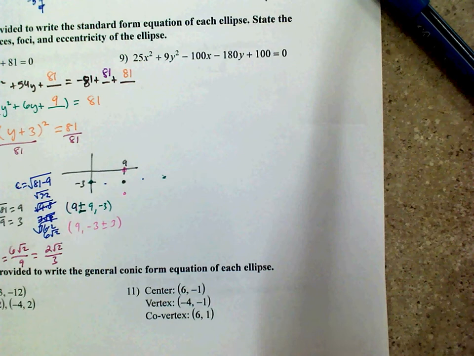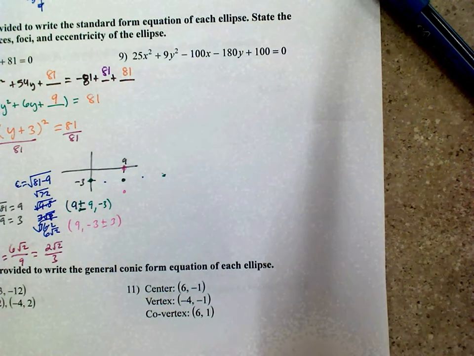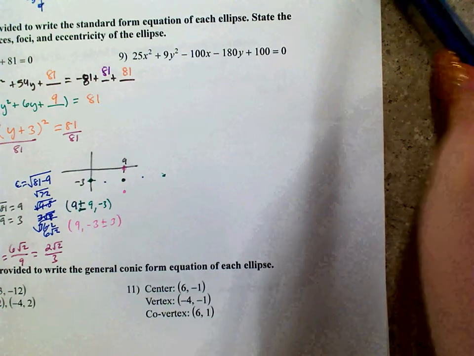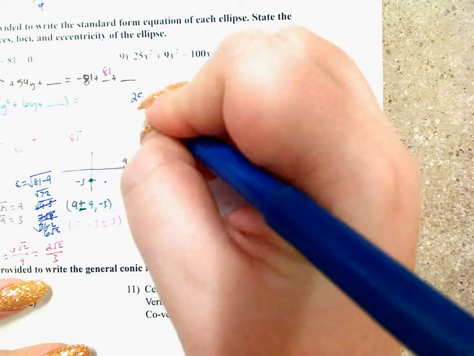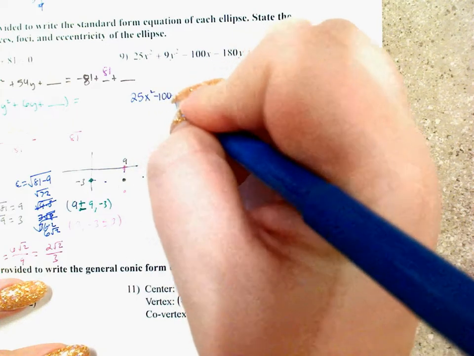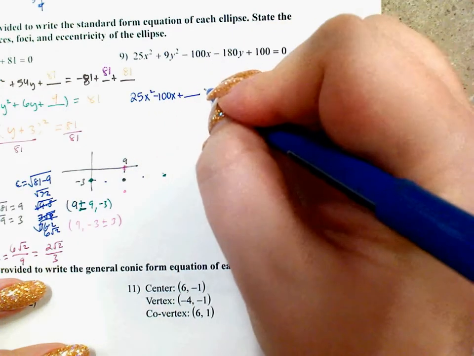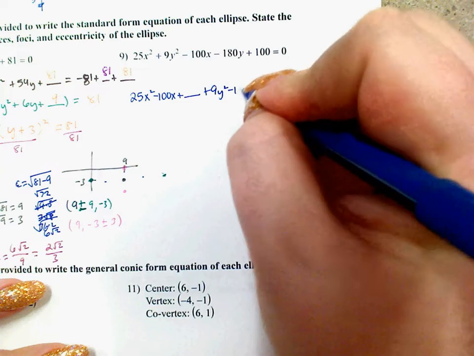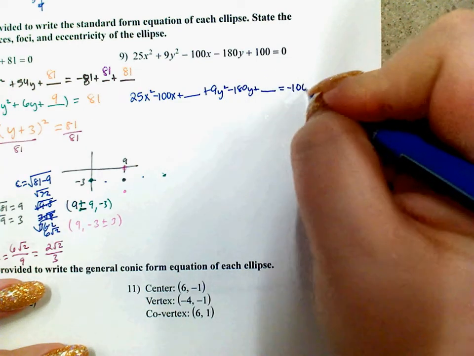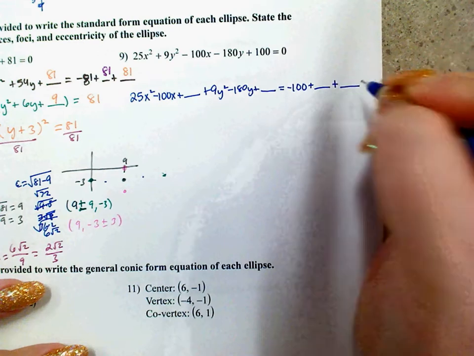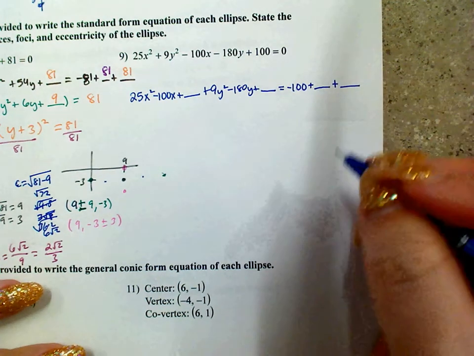I might need some more space on this one. All right, here we go. I'm going to put the x's first, so group the x's. 25x squared minus 100x plus blank plus 9y squared minus 180y plus blank equals negative 100 plus blank plus blank. Okay, I'm going to factor out the 25.